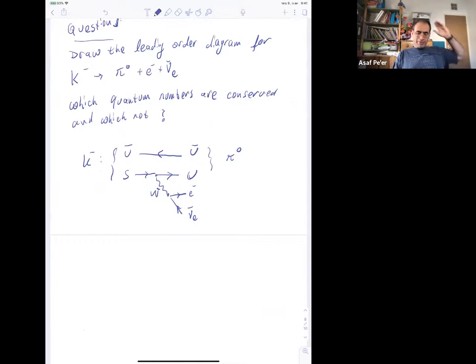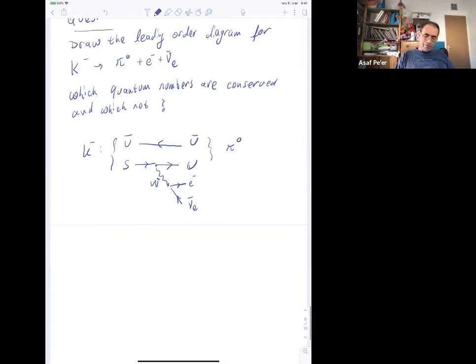Okay, so let's go back to the problem we had, the decay of the kaon. Basically, we had an s quark that was transformed into a u quark, and the only way this can happen is via the charged weak interaction, mediated by the W minus.